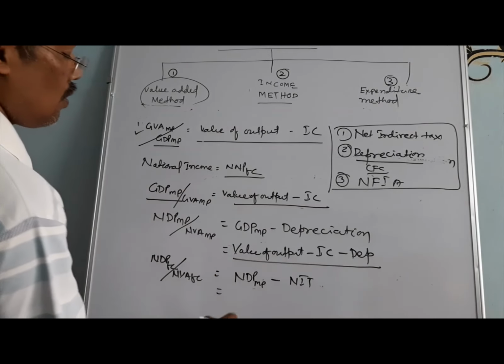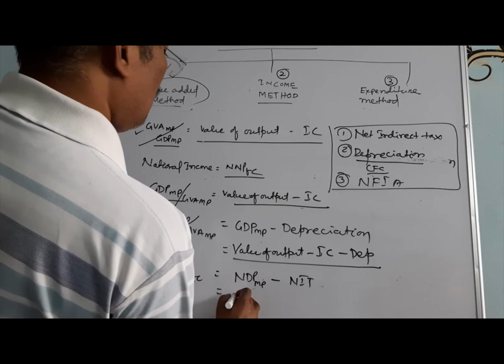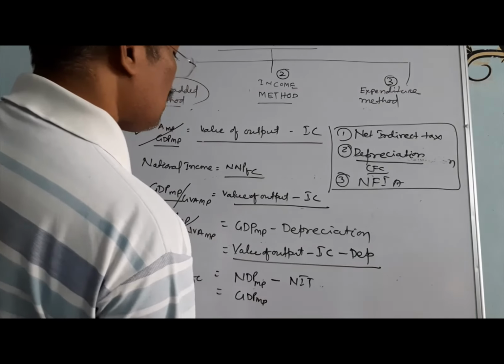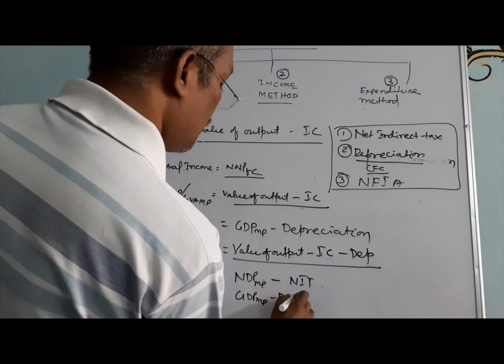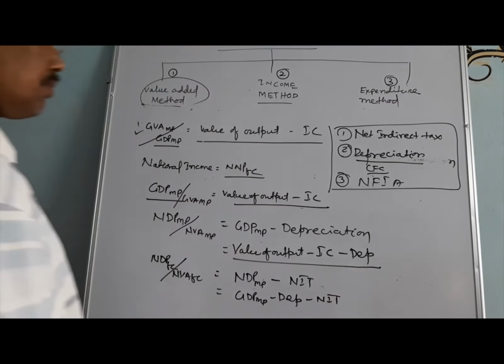Or we may write GDP at market price minus depreciation minus net indirect taxes.